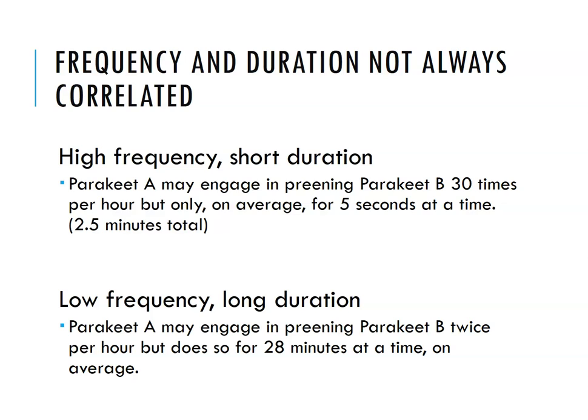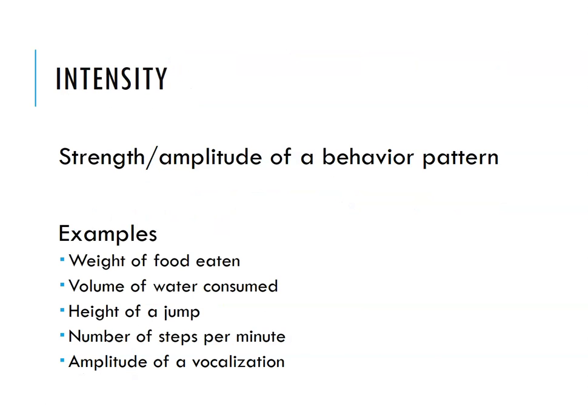Of course, you could also have high frequency and long durations also, or low frequency and short duration. So these aren't always correlated, so it's often important to take both of these measures, as well as intensity. Intensity is our final type of measure where we're looking at the strength or the amplitude of a behavioral pattern.